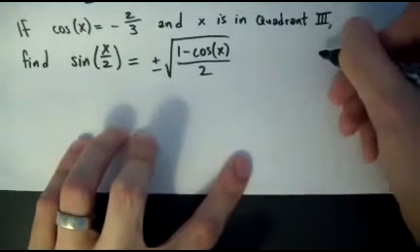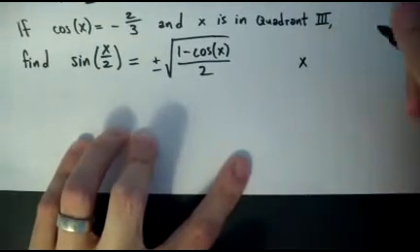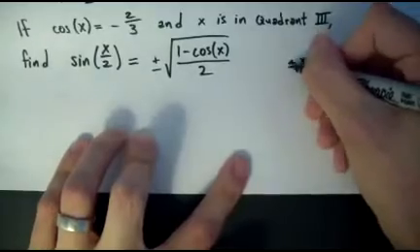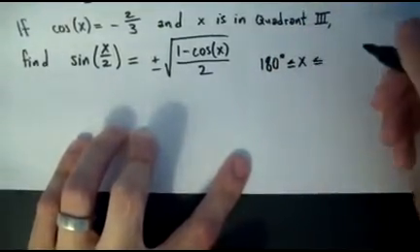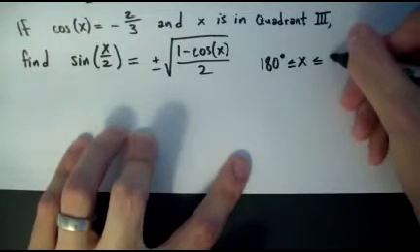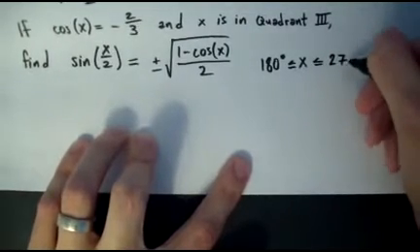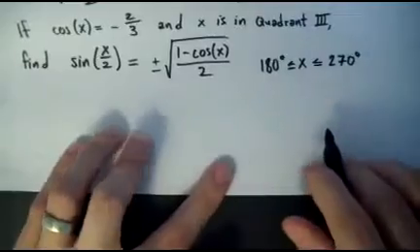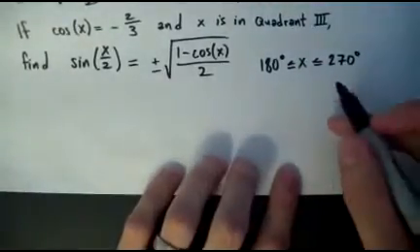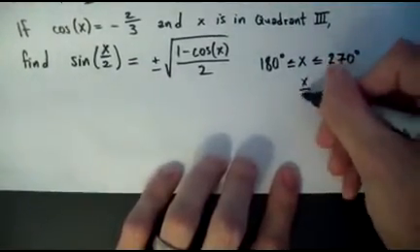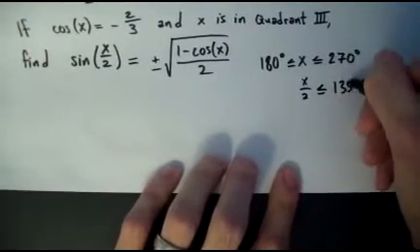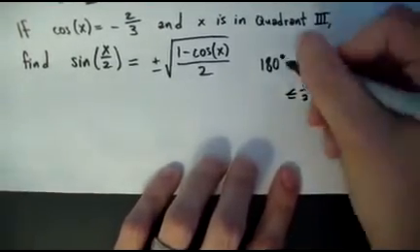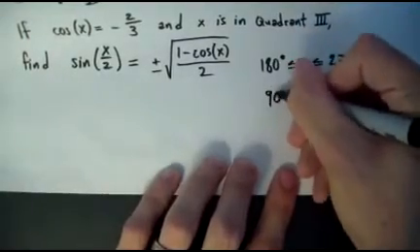If x is in quadrant 3, that means x is greater than or equal to 180 degrees, but less than or equal to 270 degrees. And so, what will x over 2 be? X over 2 will be less than or equal to 135 degrees, but greater than or equal to 90 degrees.